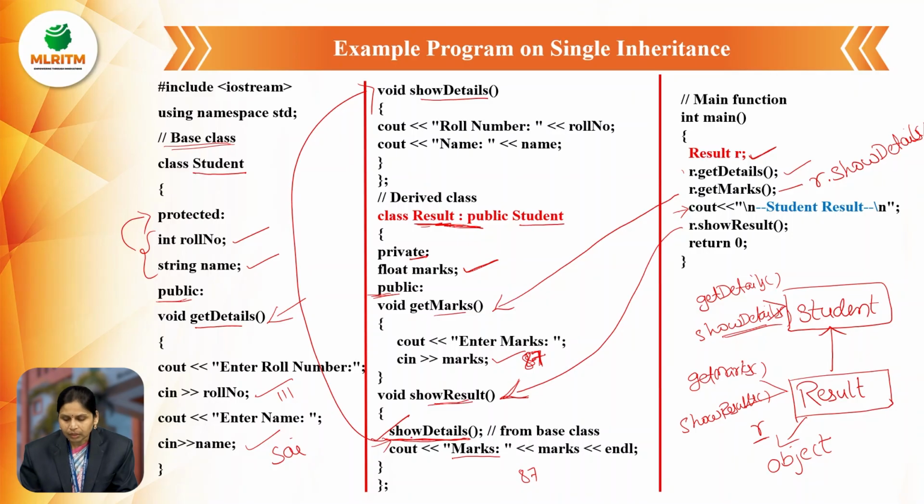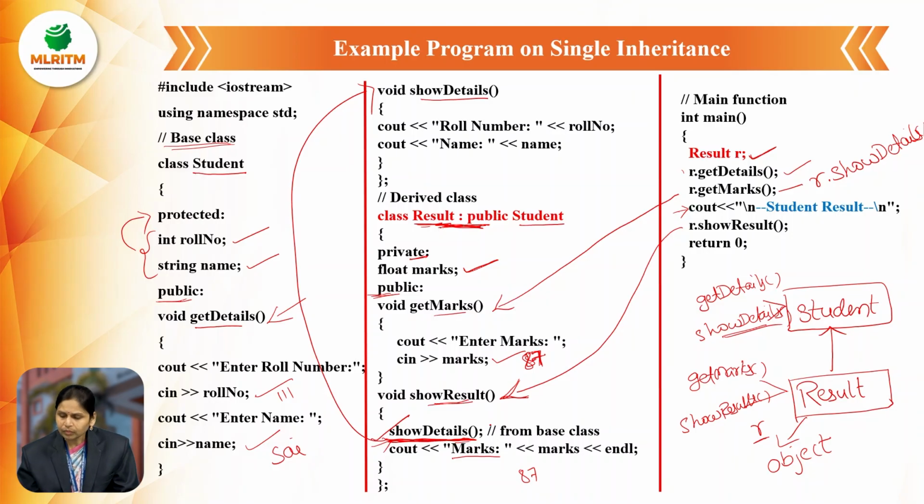Now we can access this show details because it is a method of the parent. When we use the inheritance concept, we are giving a relationship between the parent and child. Based on that relationship only, we are accessing the parent class method in the child class.